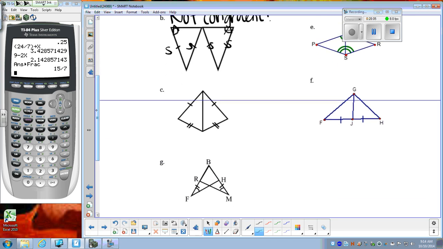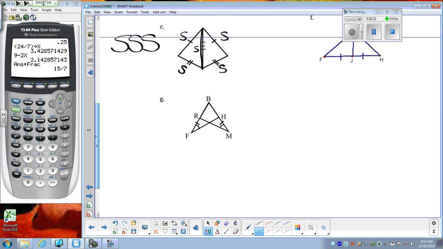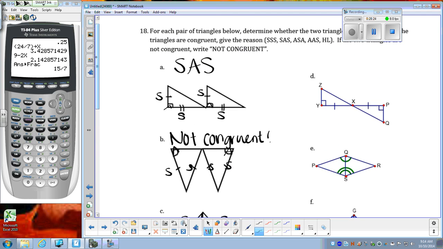For C, I have my two sides that have one congruent mark on them. So those are congruent. On the bottom, I have those two sides are congruent. And then I have this middle piece that they both use, so this is congruent. So these two triangles are congruent by side, side, side. In letter D, I have the right angles congruent to each other.